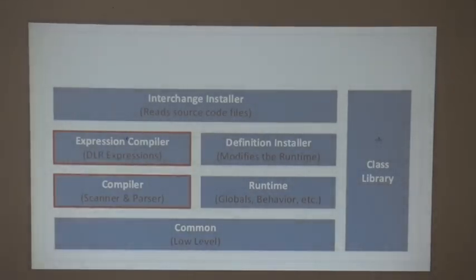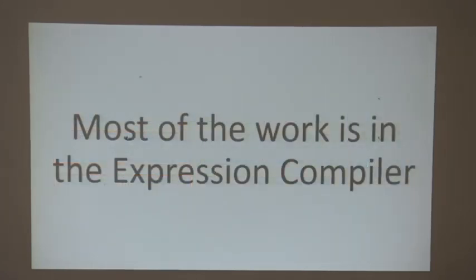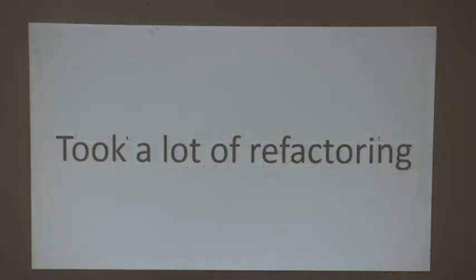And at this point, the components were kind of ready, but you need to go back and refactor some stuff. So you go back and change the compiler to support primitives, change the expression compiler to compile the correct code for those primitives. And most of the work is in the expression compiler. And this type of thing takes a lot of refactoring, especially for the primitives.